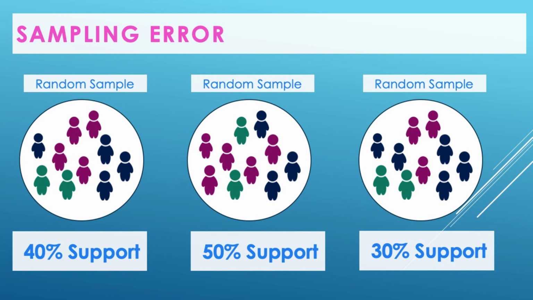And the idea is that with more and more samples that we conduct and more people that we include in our samples, we will get closer and closer to understanding the true population parameters.